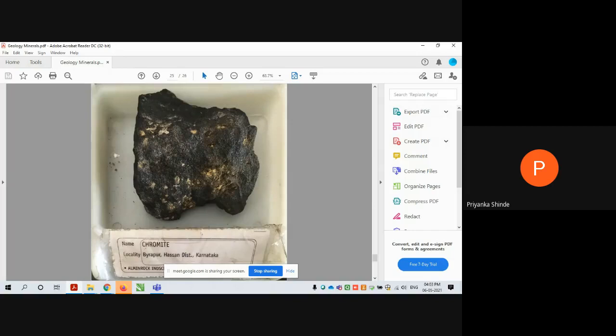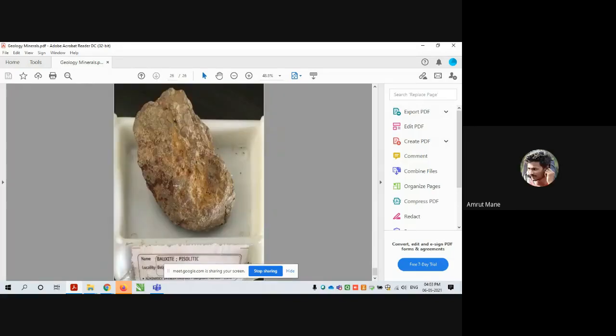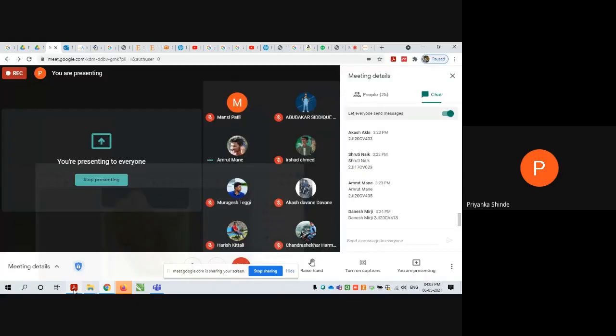Naturally occurring? No, all the minerals are naturally occurring, no doubt in that. Here, nothing is artificially prepared. The definition of mineral says that all minerals are naturally occurring inorganic substances with a definite atomic structure and chemical composition. So all these are natural only.